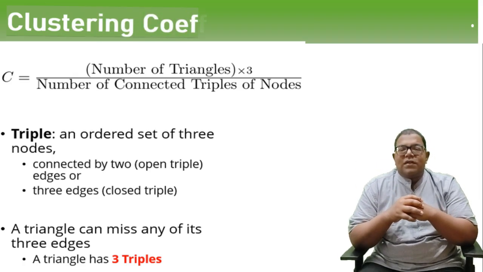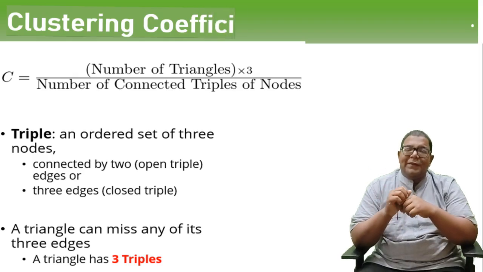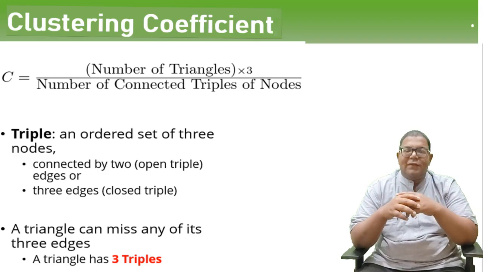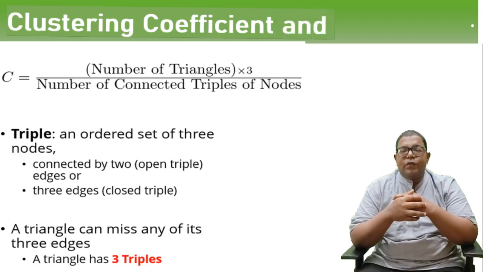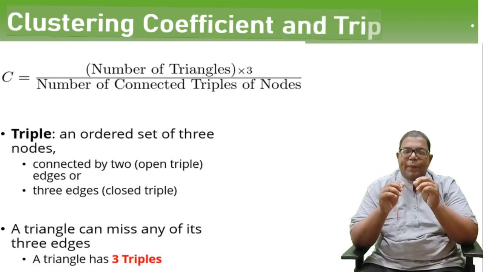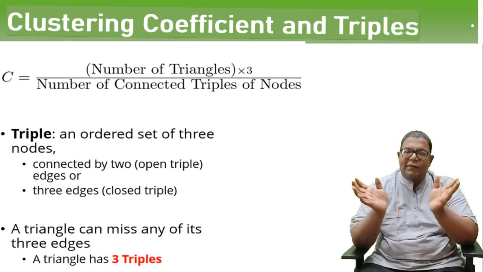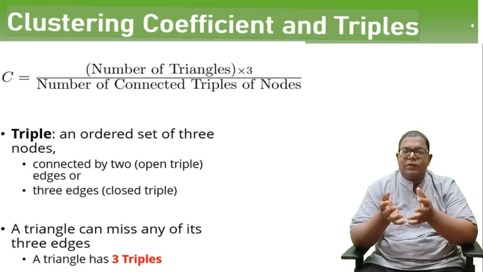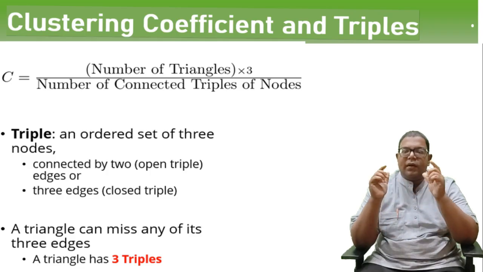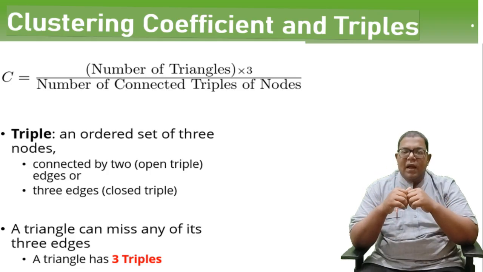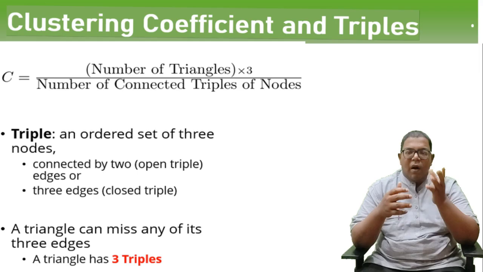Now let's talk about triples. A triple is simply, as the word says, 3 nodes. If only 2 edges are present, it is an open triple. If all 3 edges are present, it is a closed triple, which forms a triangle. In LinkedIn, imagine if Alice knows Bob and Bob knows Carol, that's an open triple.